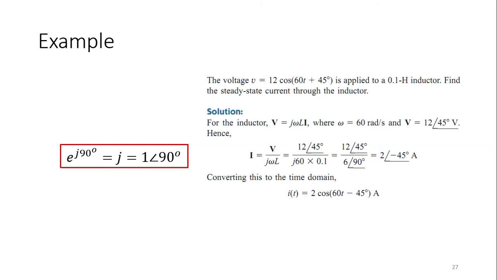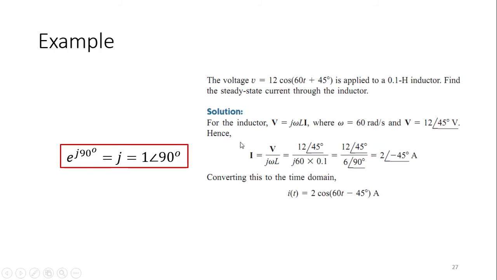That is, when we take the derivative we just multiply by j omega, or when we take the integral we just divide by j omega, and there is no information about initial conditions, so this result is for the steady state operation. For that reason it is mentioned here, the steady state current.